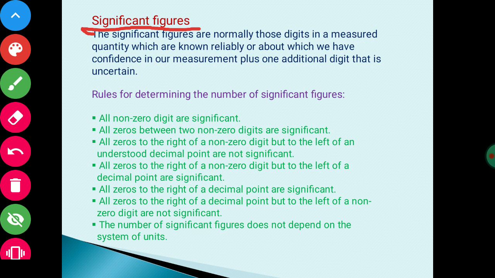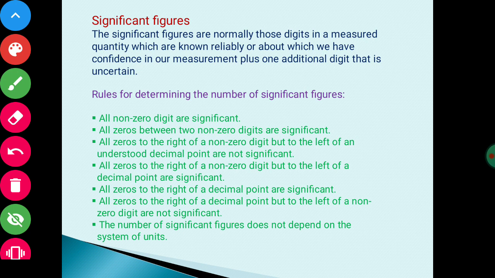So first, what do we mean by significant figures? The significant figures are those digits in a measured quantity which are known reliably, which give us confidence in our measurement, plus one additional digit that is uncertain.